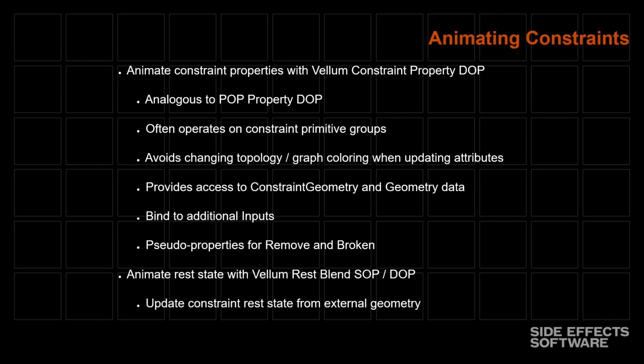The other way of animating rest state is to use the Vellum rest blend SOP and DOP, and we'll see examples of both. This will only let you animate rest lengths. So it's not going to let you do stiffness or damping or anything like that, but in some ways it can be a really easy way to update that state because you can just point it at external geometry. So it can be animated geometry that's bending or deforming, and you can actually match the rest state of the constraints to match that.